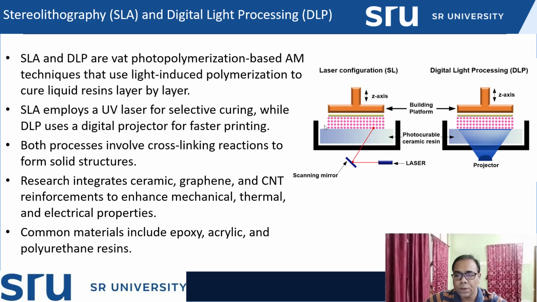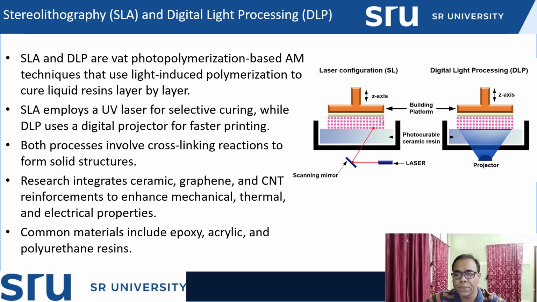When the light passes, interlinking of the monomers takes place, so the monomer becomes a polymer. Layer upon layer is built, and each liquid layer is scanned by the light energy system.